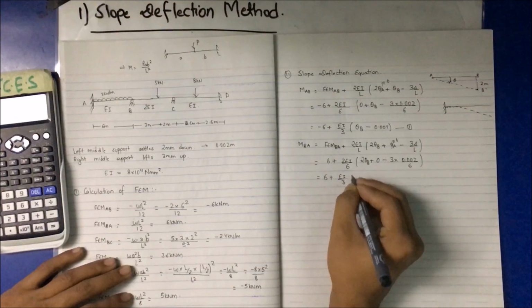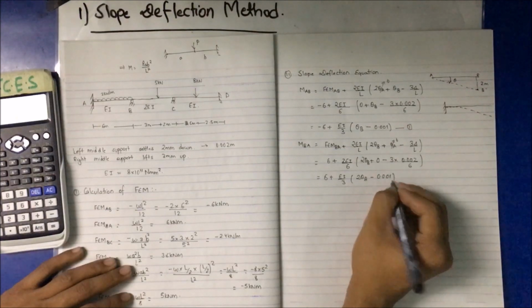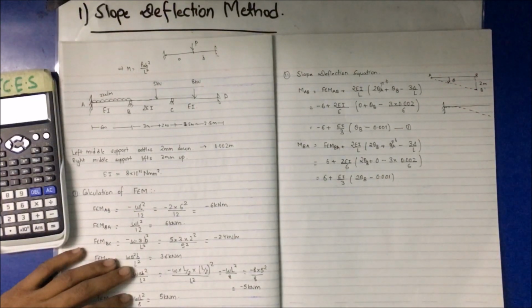EI by 3, 2 theta B minus 0.001. We can see some changes in these two equations.